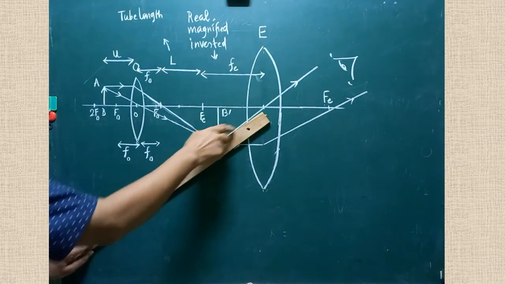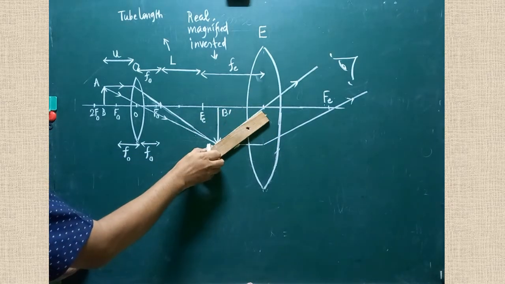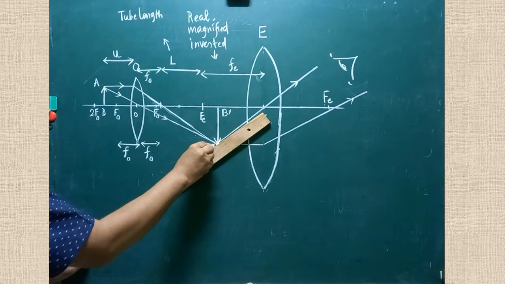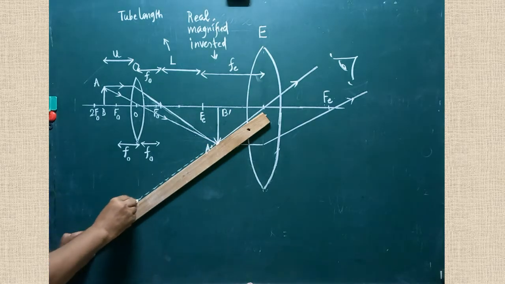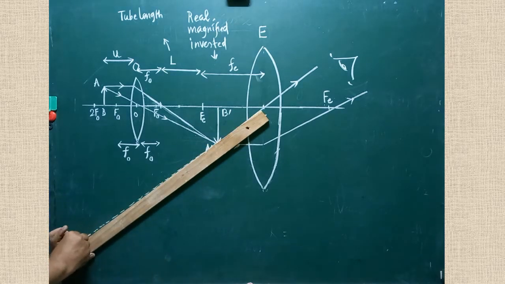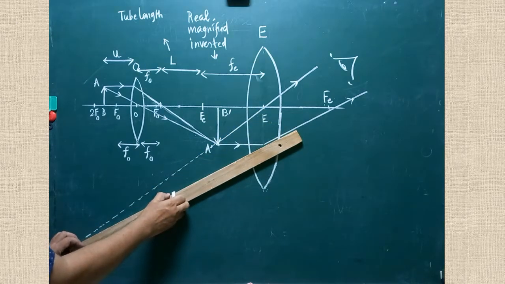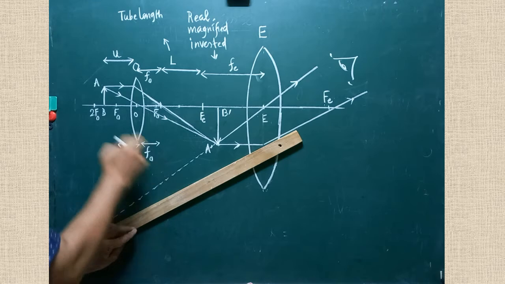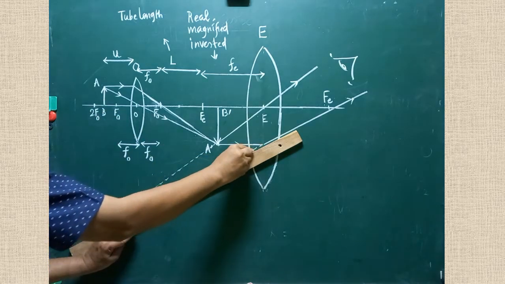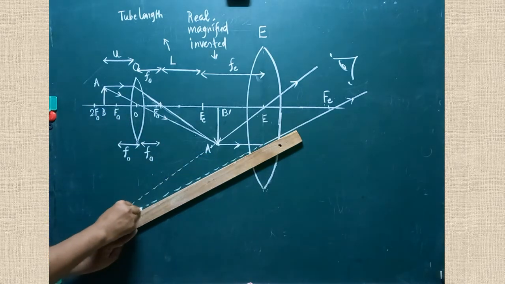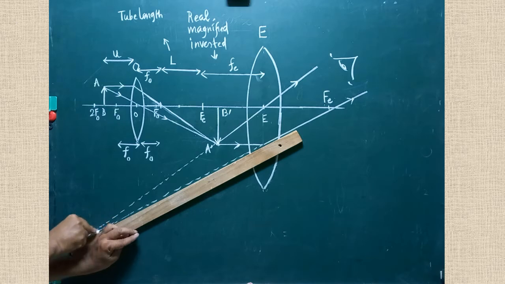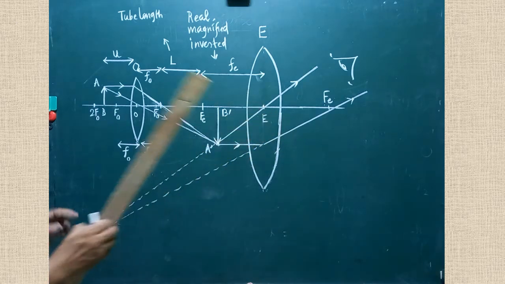Now these two rays are to be extended here. Look at how beautifully the ray diagram is obtained here. So extend the lines and you will get the magnified image of this small tiny object. That should be drawn by dotted line. That is very important.